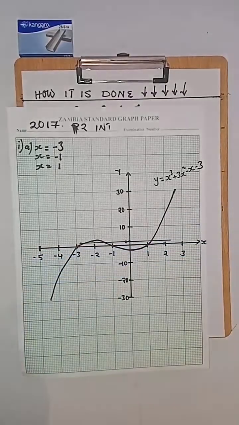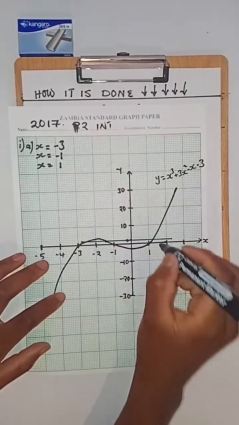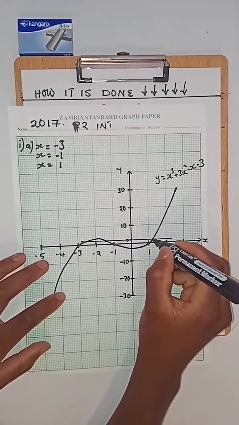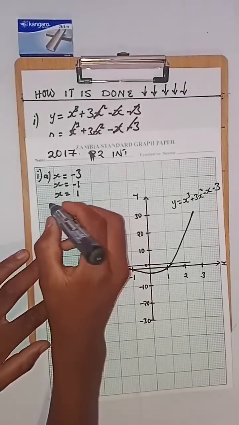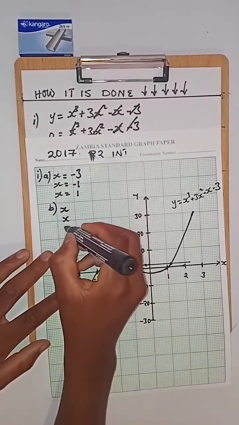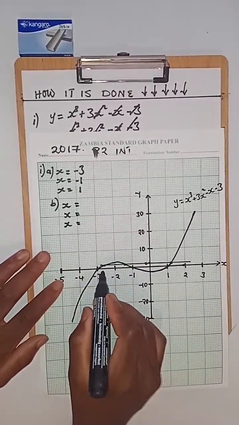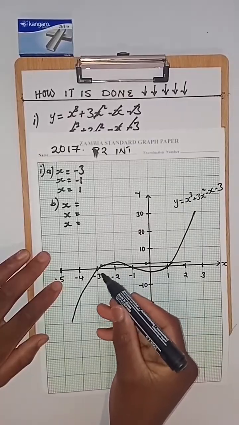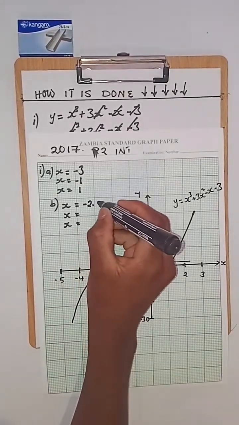Now after cutting the curve, you're going to note out the points where this line is cutting the curve. So we have 1, 2, 3. So it means here, for the B, we're going to have 1, 2, 3, like that. Now this point here is negative 2.6.